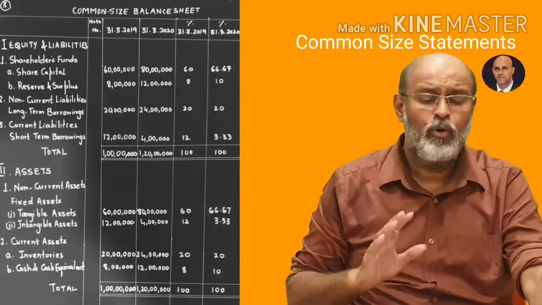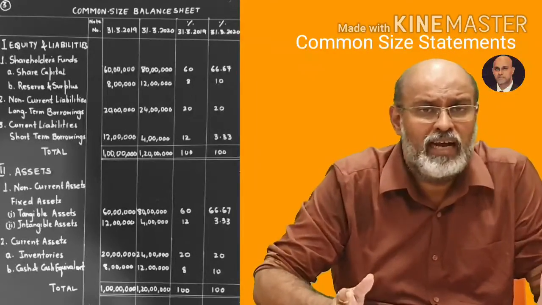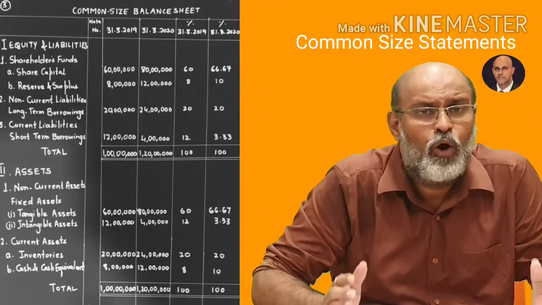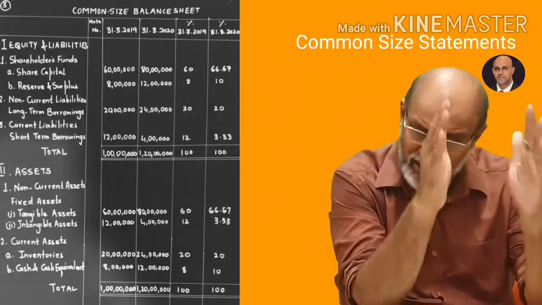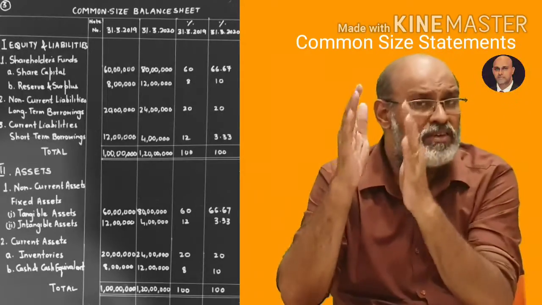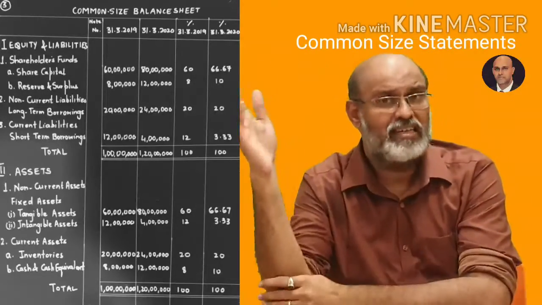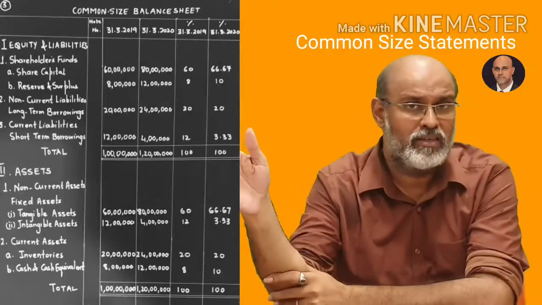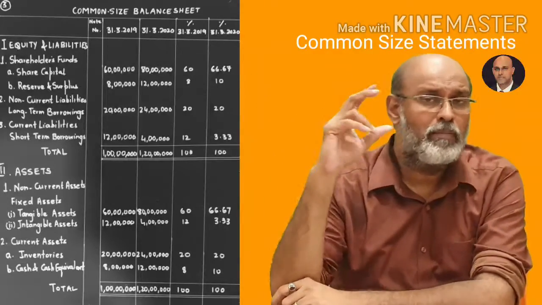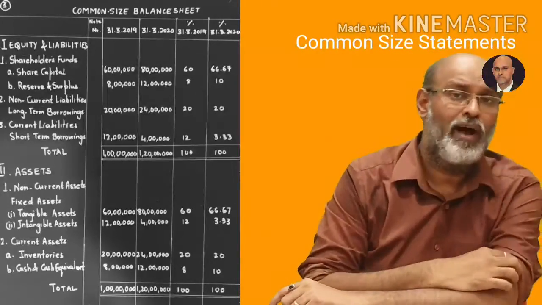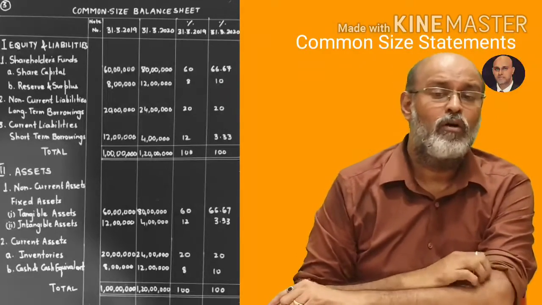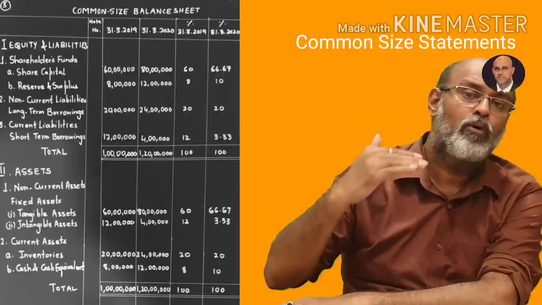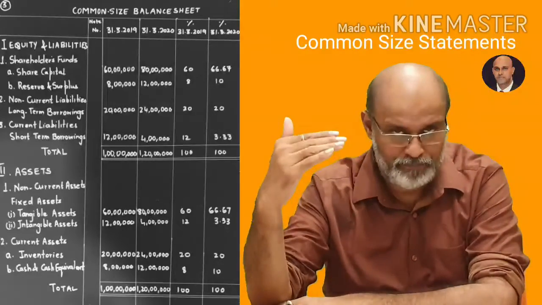Okay. So I hope you are understanding that you have to always write the previous year first, then the current year, then the previous year percentage, and next will be the current year percentage. And always remember, the base is the total of your assets or the total of your liabilities. For one particular year, both of them will be the same.